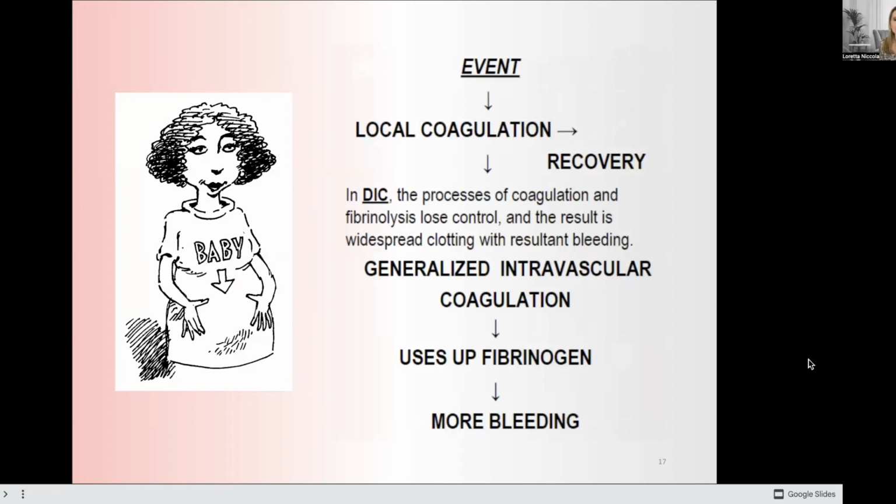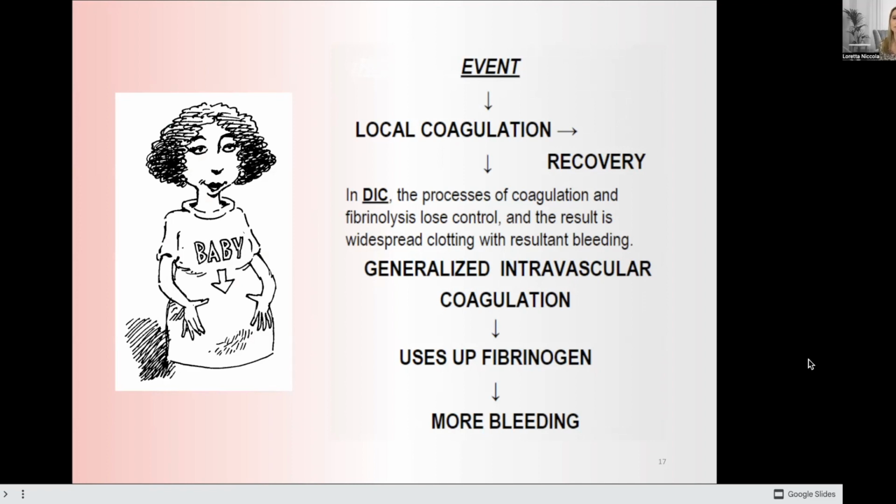So think about an event, and the body could locally coagulate with the event if she has any bleeding, and it could recover just fine. The other route it could take is in DIC, the processes of coagulation and then breaking down the fibrin lose control.